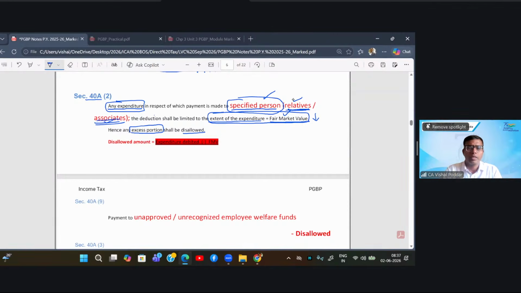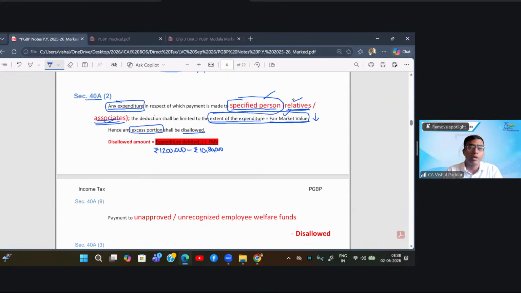So let us say you made purchases from your brother's shop of rupees 12 lakhs. So what is the expenditure you have done? It is 12 lakhs. But when I check the prices of these items which you have purchased from your brother's shop in the market, I found that these items could be purchased for 10 lakhs 80,000.